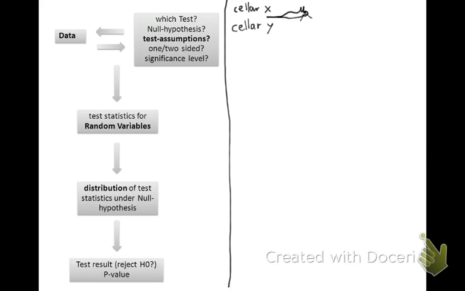These mice have a certain tail length. The claim is that the mice in cellar X have maybe a longer tail than those in cellar Y.